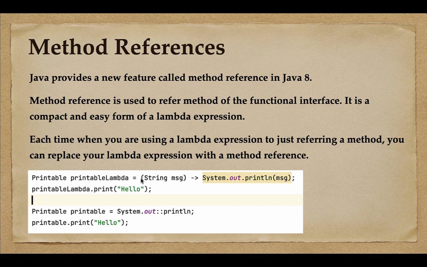We remove the Lambda expression and provide a double colon in between the object and the function. So this is a method reference. Just remember, each time you are using a Lambda expression just to refer to a method, you can replace your Lambda expression with a method reference.